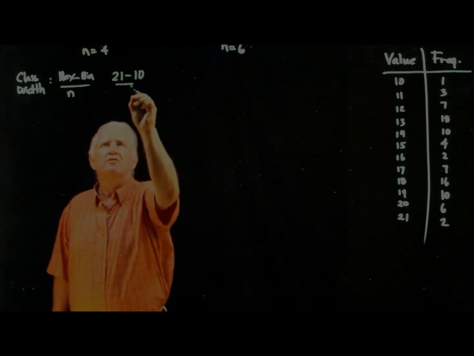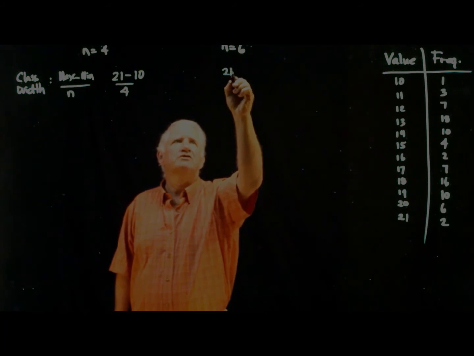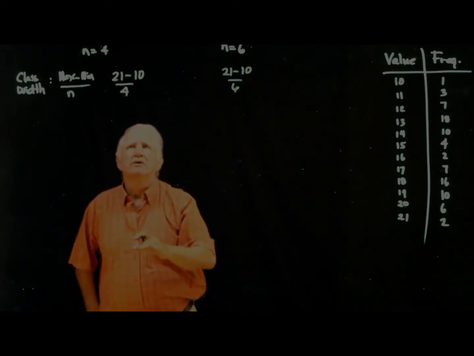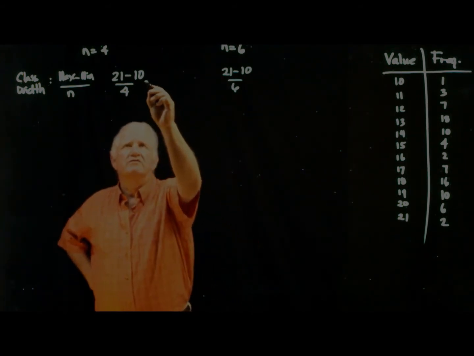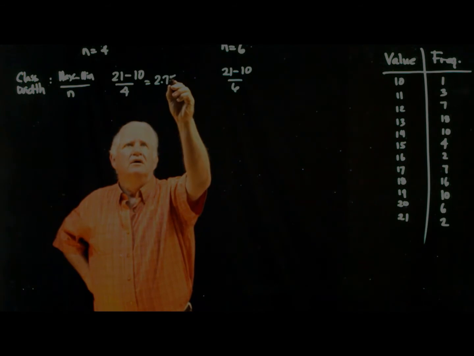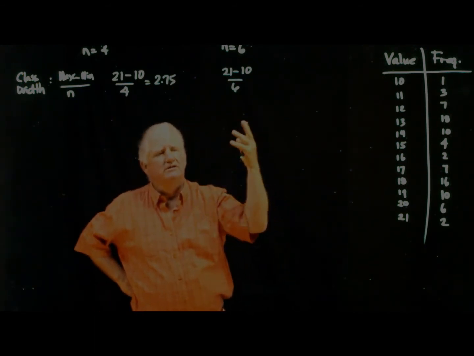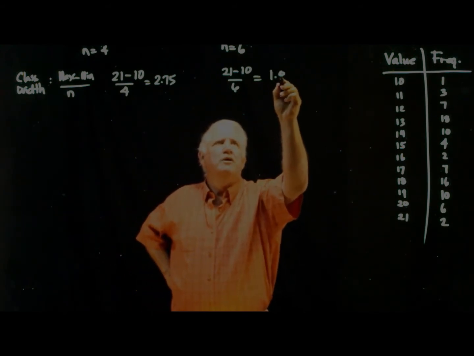Here, with 4 classes, we form this ratio, and over here, with 6 classes, this ratio. 21 minus 10 is 11, divided by 4 is 2.75. And over here, 21 minus 10, 11 divided by 6, not quite 2, I believe it's 1.83333.